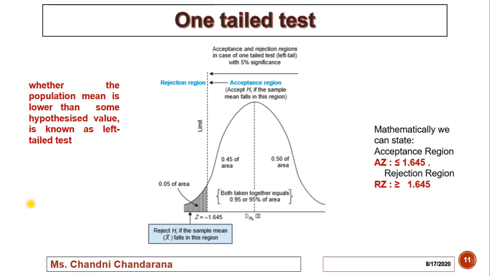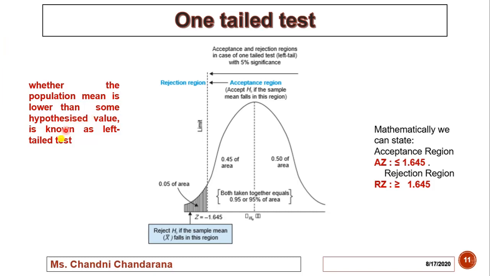Now, what is a one-tailed test? As we know, one-tailed tests are either left-tailed tests or right-tailed tests. It is known as a left-tailed test when we test whether the population mean is lower than some hypothesized value.